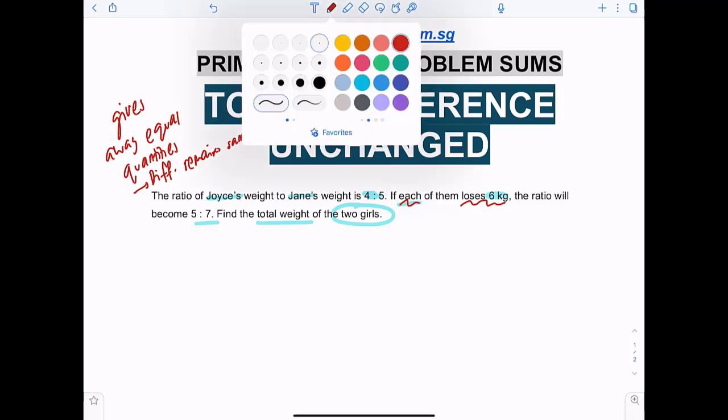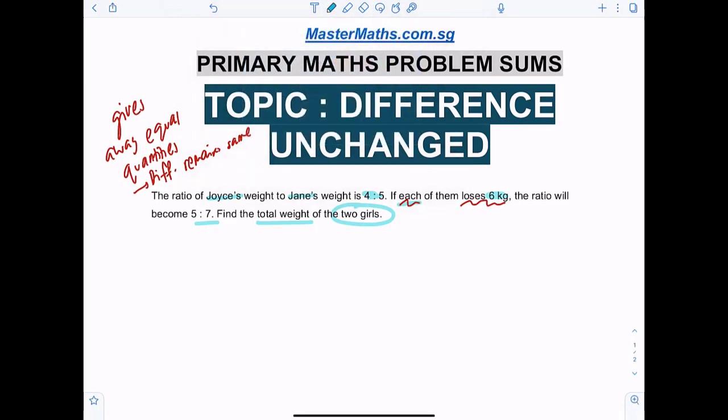Alright, so gives away or receives equal quantity, it works the same way. If you receive equal quantity or you give away equal quantity, your difference must be the same.